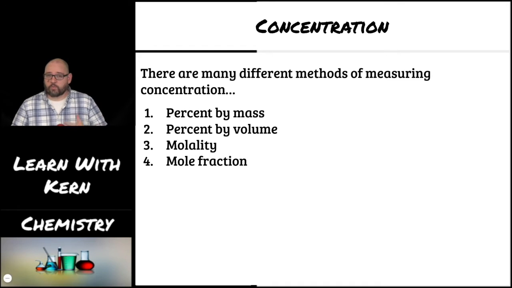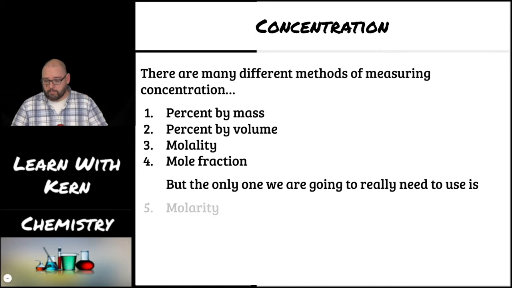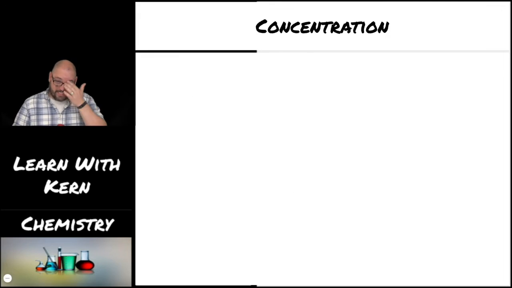Those four are great, but for our purposes, the only one we actually care about is molarity. You'll notice that these last three, molality, mole fraction, and molarity, all have "mol" in them, so they all deal with moles. But of course, we only really care about molarity, so let's talk just about molarity. It does, of course, deal with moles.